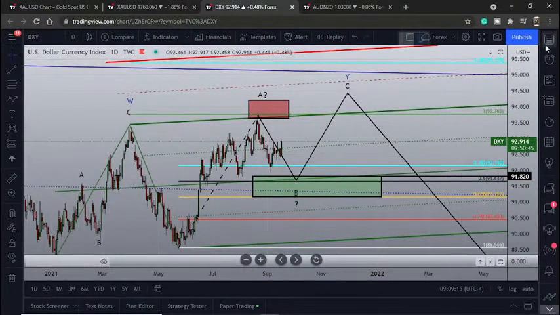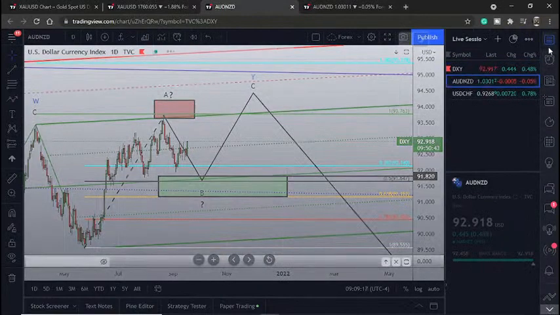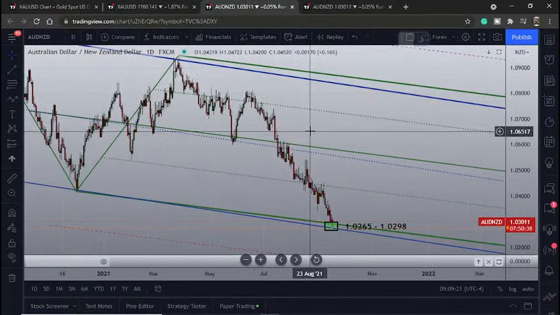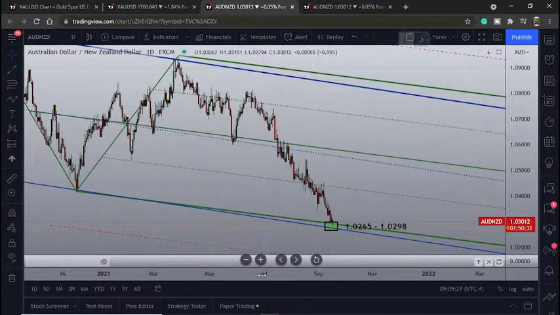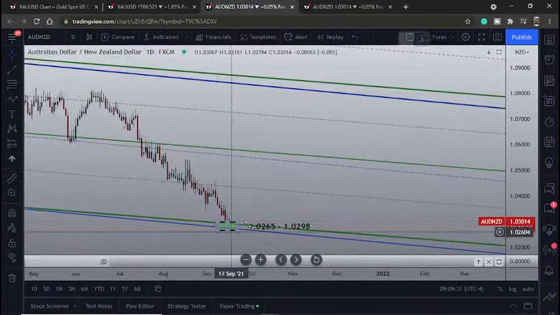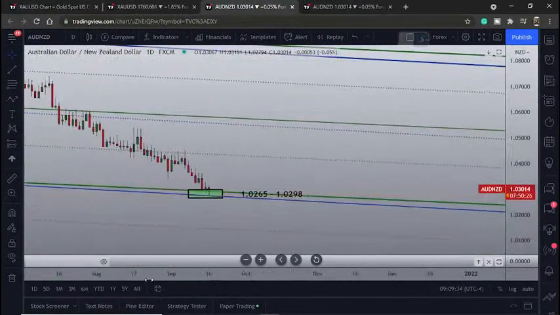Let me just save that quickly. AUD NZD. I can't remember if I talked about the AUD NZD last week or the week before. I think I talked about the AUD Japanese yen. But in any case, been watching a zone here with my members at Price Action Income.